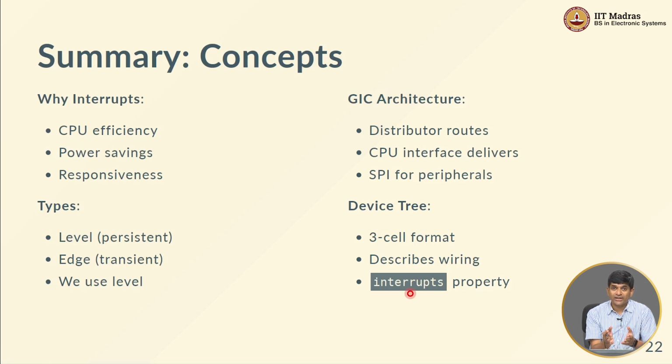The second is the actual number, which is something that we choose, but we need to choose it appropriately depending on how the GIC is set up and how we are able to connect things to it physically. And the third is usually used to indicate that this is a level triggered active high interrupt, or if it is something else, then there is an appropriate code that can be used over there. So all of these are useful from the point of view of how we wire up the hardware and how we get the basic structure of interrupts in place, right.